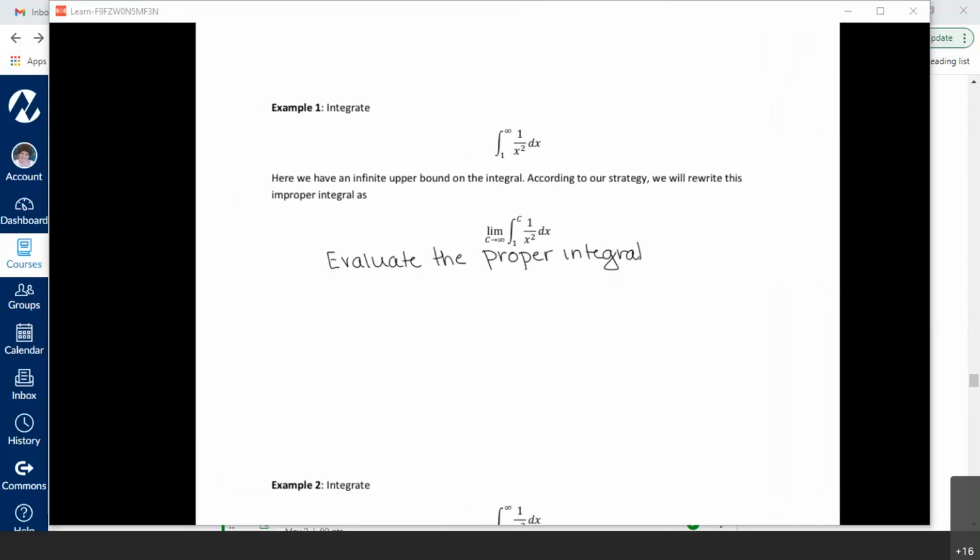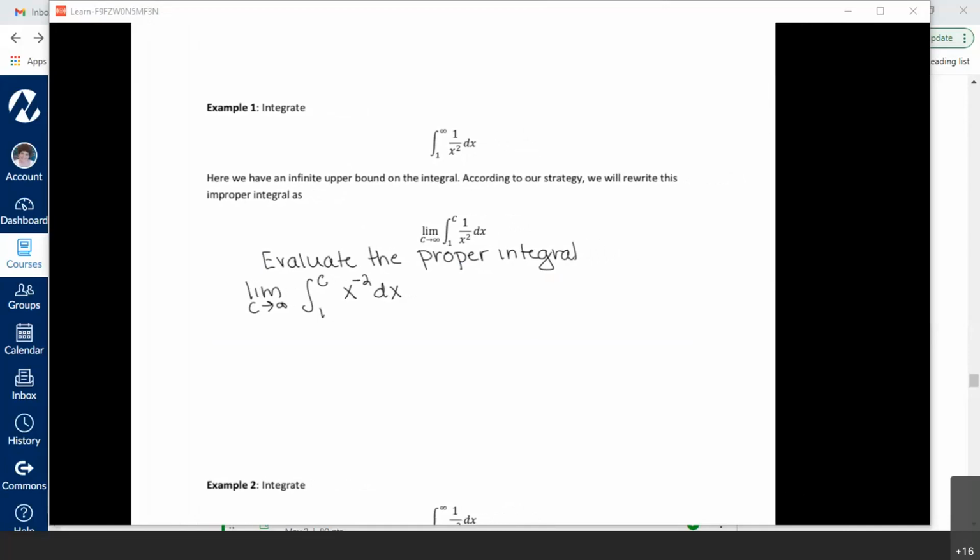I'm going to rewrite 1 over x squared as x to the negative 2 dx, because I want to be able to use the power rule for integrating.